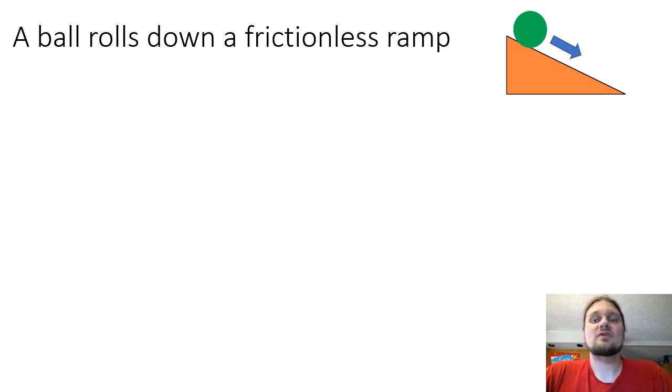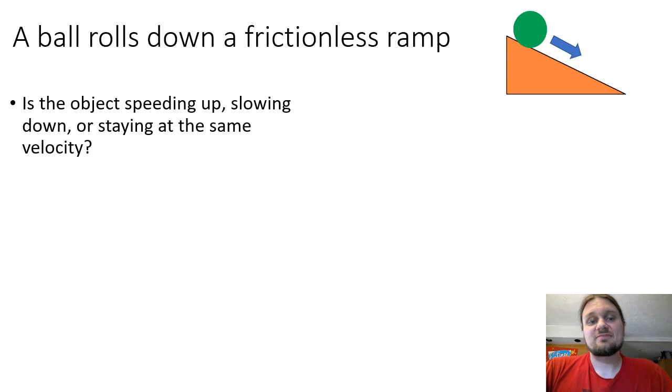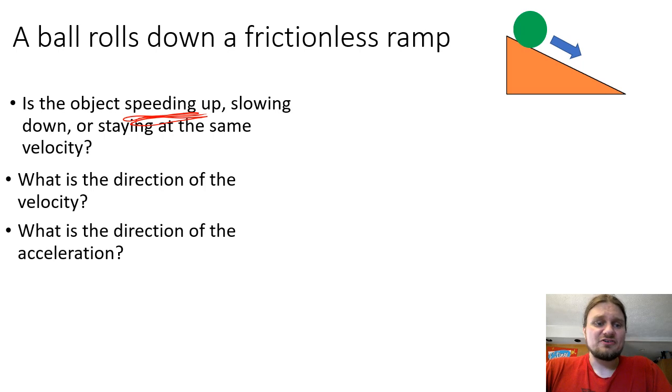If we look at a ball rolling down a frictionless ramp, is the object speeding up, slowing down, or staying the same velocity? Intuition tells us that it is definitely speeding up as it rolls down that hill. What is the direction of the velocity? What is the direction of the acceleration? The direction of velocity is usually pretty easy: what direction is it moving in?